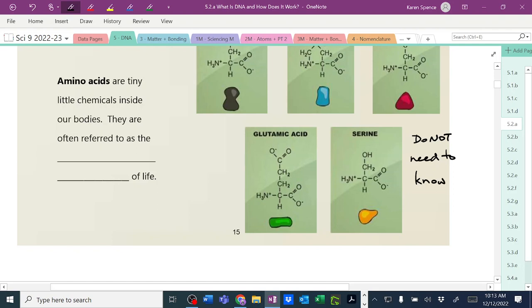You do not need to know names of amino acids. Amino acids are tiny little chemicals inside our bodies. They are often referred to as the building blocks of life.